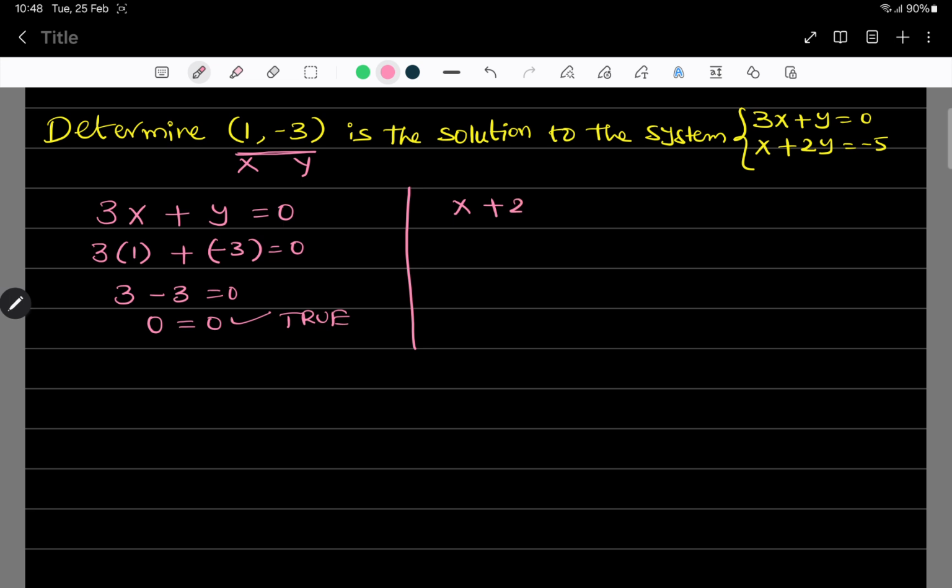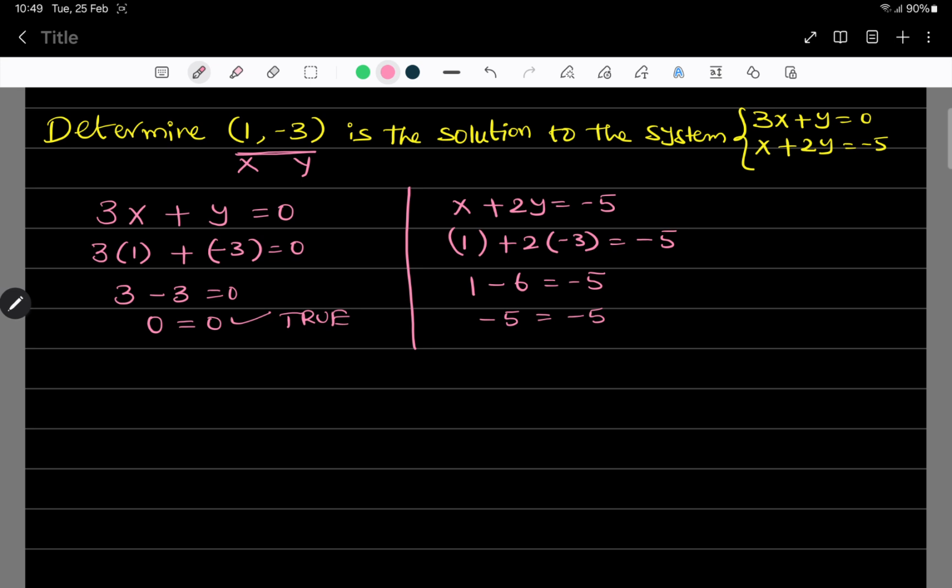Go for the second equation. x plus 2y is equal to minus 5. Again in place of x use 1, plus 2 into, in place of y use minus 3, is equal to minus 5. 1 plus 2 into minus 3 is minus 6, so 1 minus 6 is minus 5.